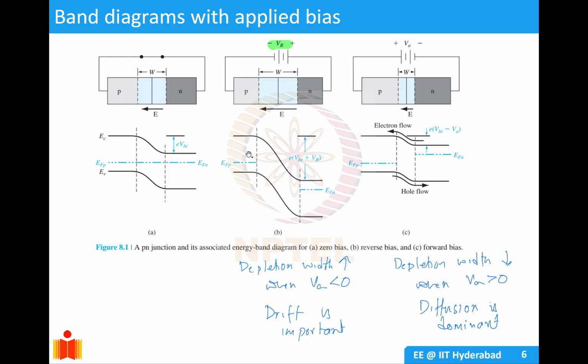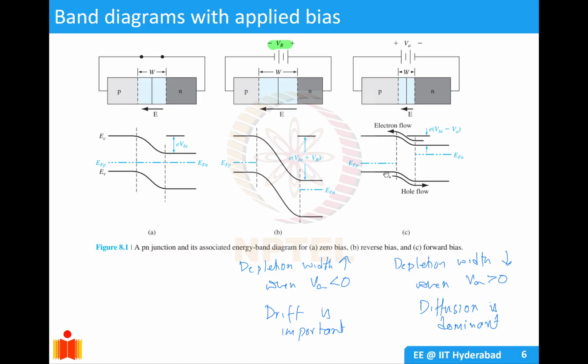This is how your band diagram will look for reverse bias, where the potential barrier is increased by your applied potential.